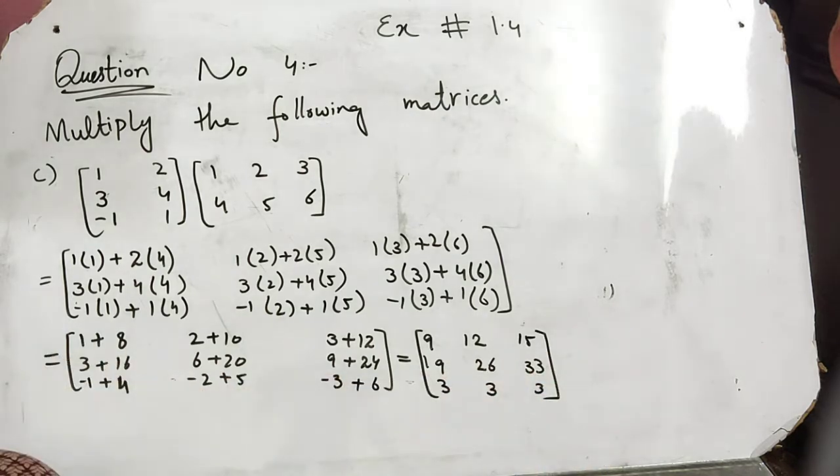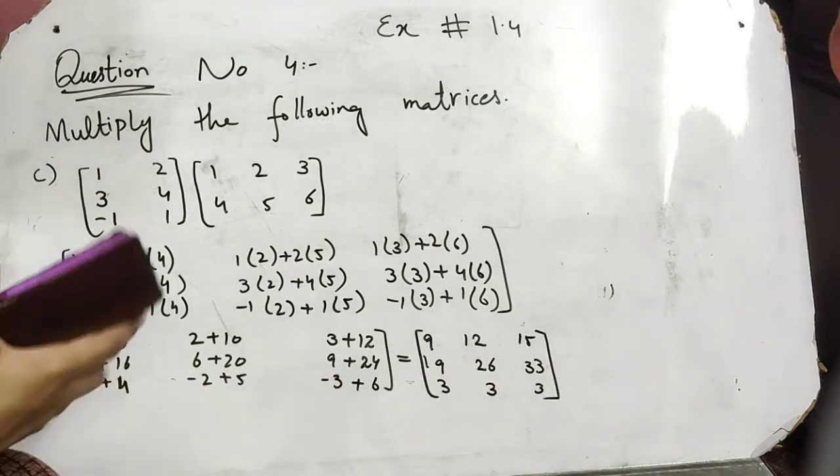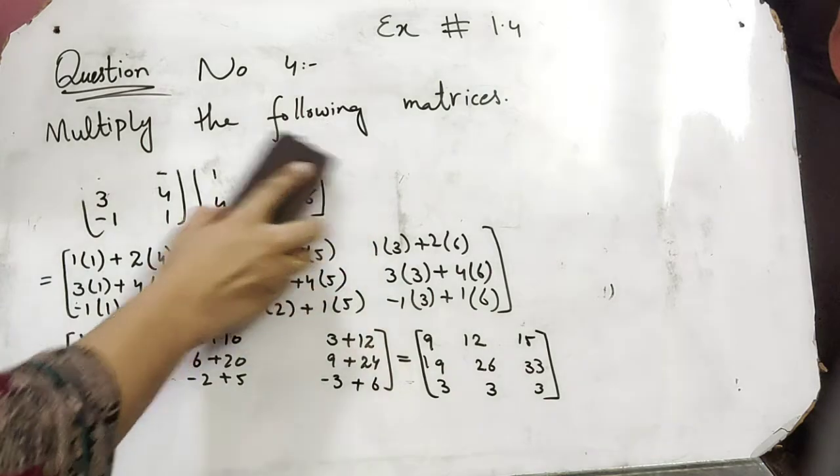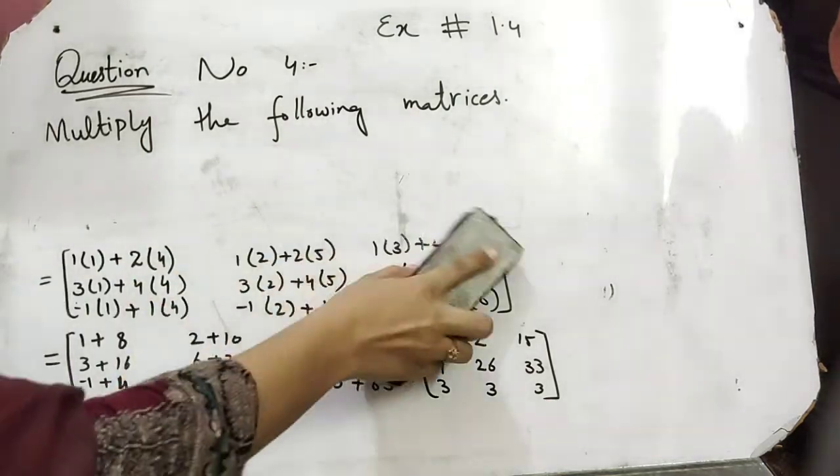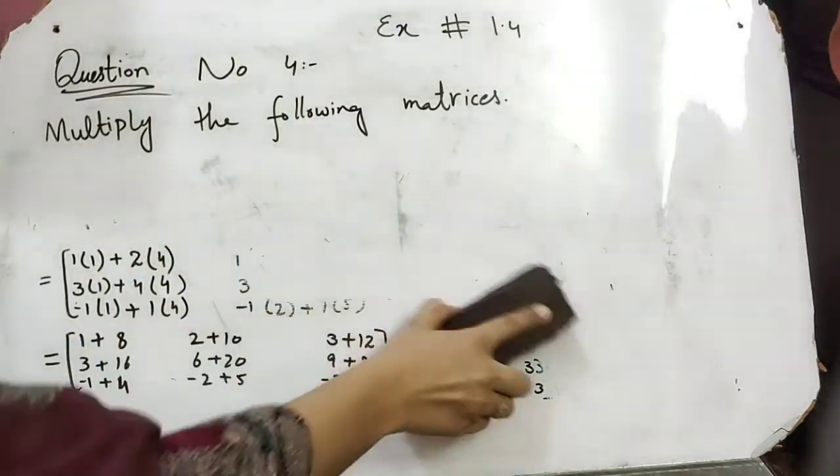This is the answer of part C. It is a simple multiplication of two matrices.